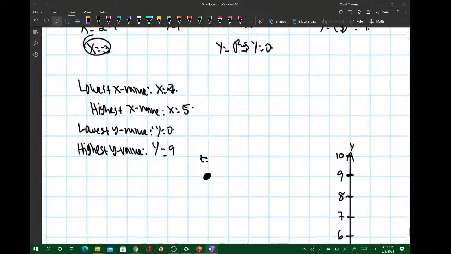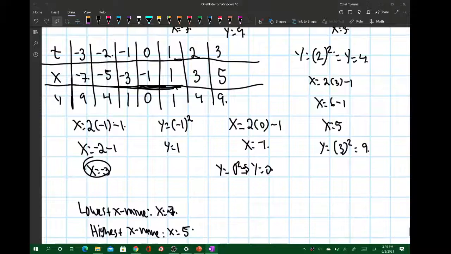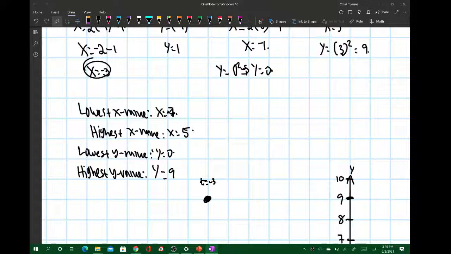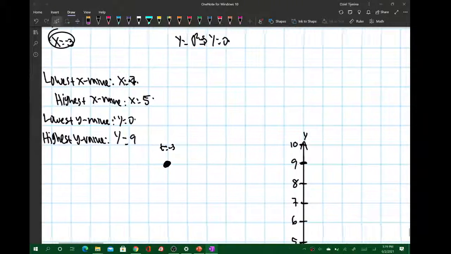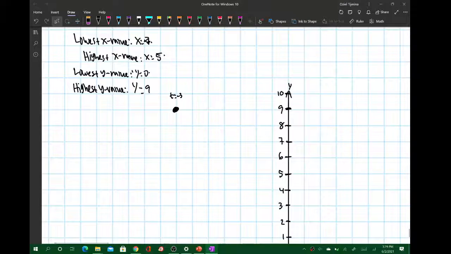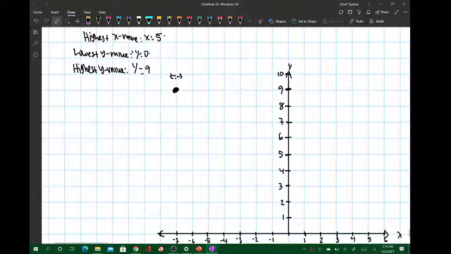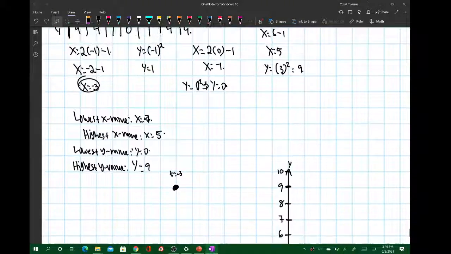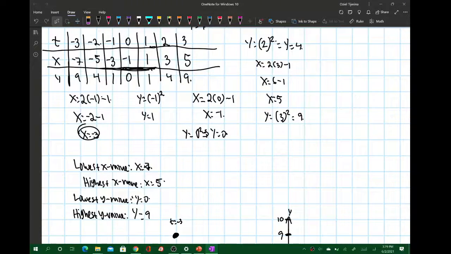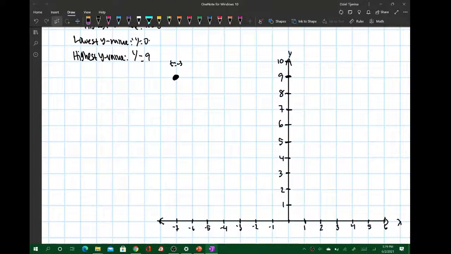This is t equals -3. That way we know where to draw our arrows. Once we trace the curve, we can draw the arrows, right? And then we have -5, 4, which is right here.